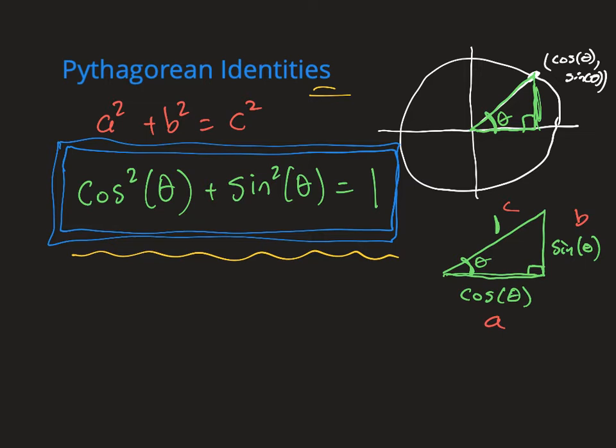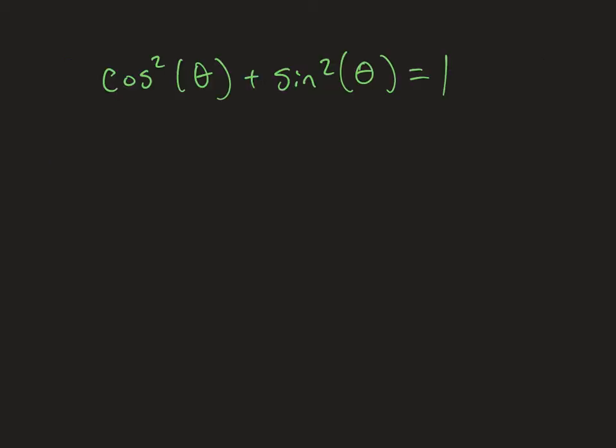Let me show you how we can turn this Pythagorean identity into the other two Pythagorean identities. So essentially what we do is we take that Pythagorean identity, the famous one that I just mentioned, cosine squared theta plus sine squared theta equals 1. And if we just do a little algebra with this thing, we can transform this into the other two Pythagorean identities.